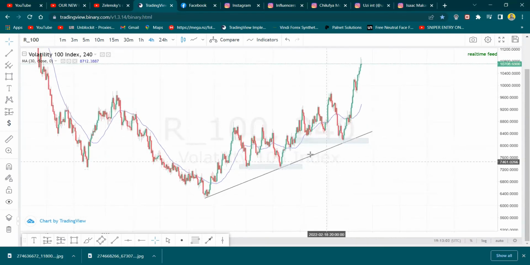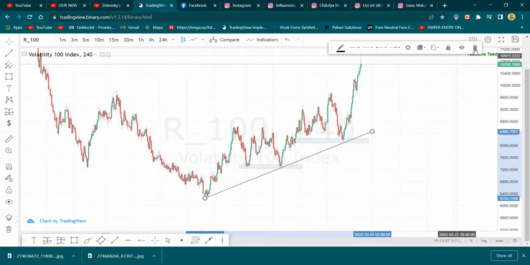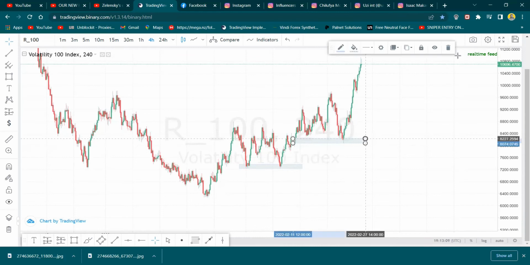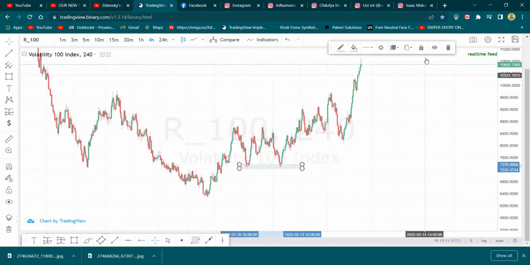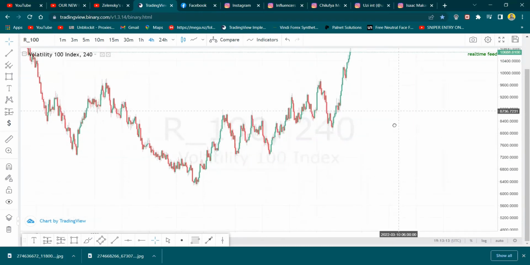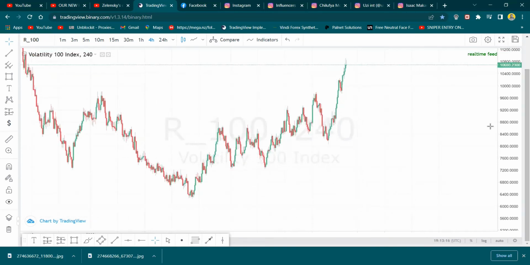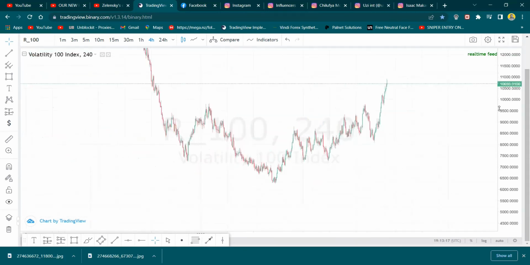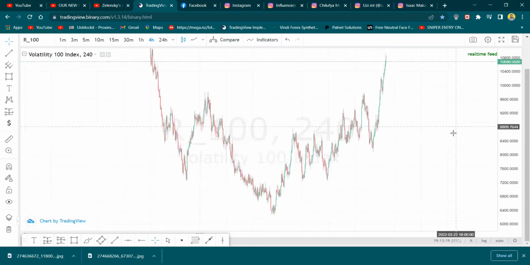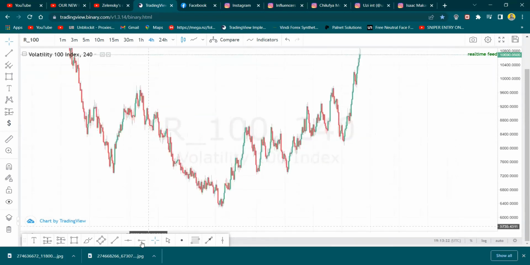So if you want to really understand trends, knowing that the trend is still going up or down, you just identify it. And of course, looking at the bigger picture is going to help you. In this case, there was this high which was created here, and a response at this level.